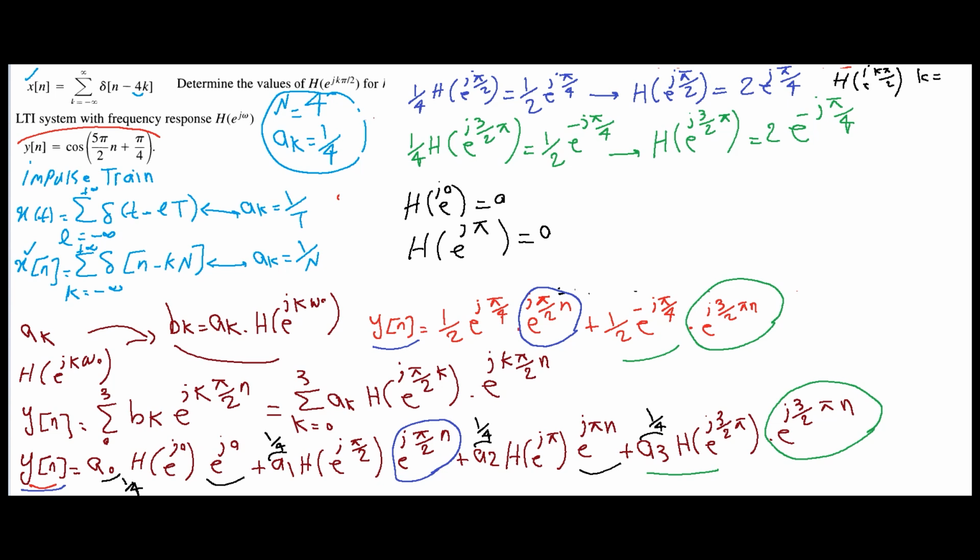So, we have successfully determined H(e^{jkπ/2}) for all values of k equals 0, 1, 2, and 3. This problem provided a comprehensive example of using Fourier series coefficients for discrete time periodic signals. We solved it step by step using a systematic approach.